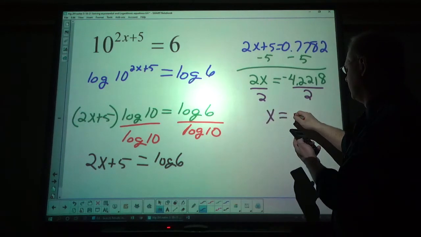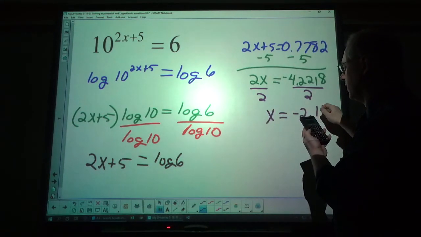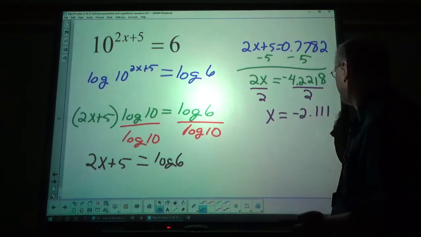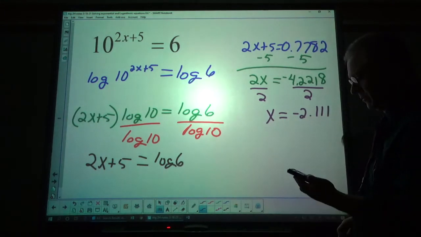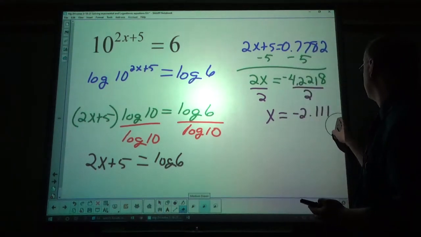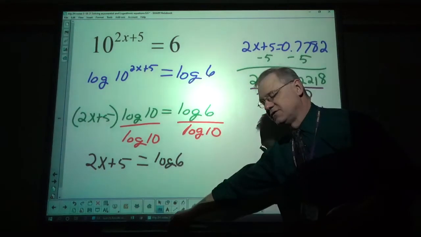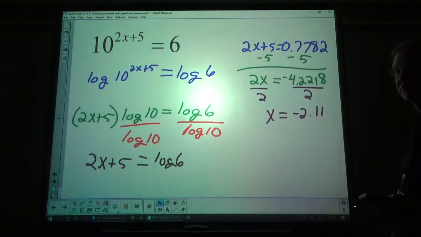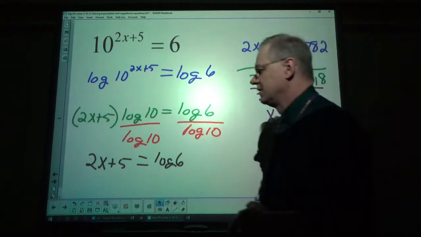X is negative 2.111. Just round that off. Good enough. In fact, even if I just did it to 2 decimal places, which is an easy way to state, negative 2.11.